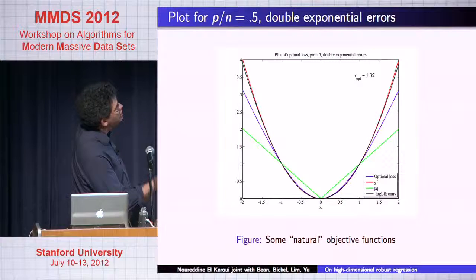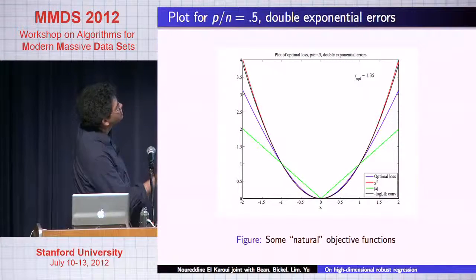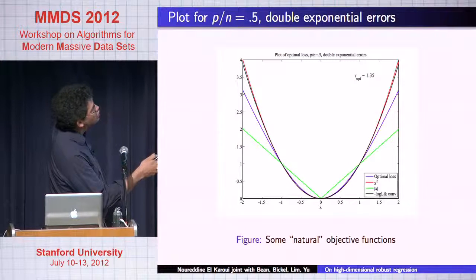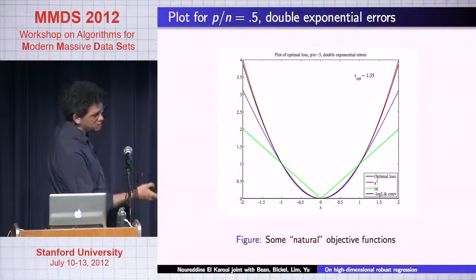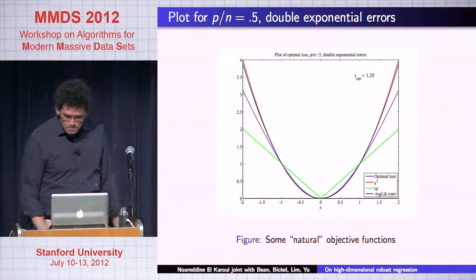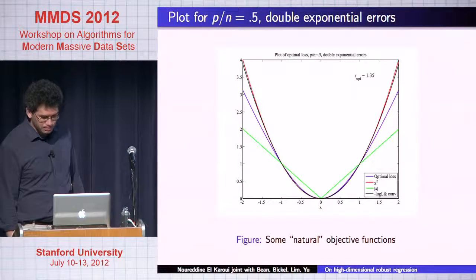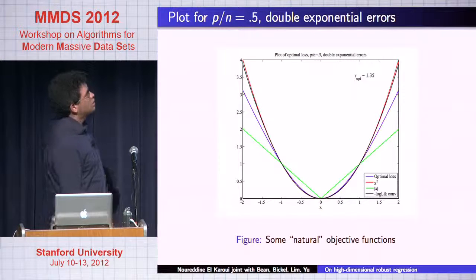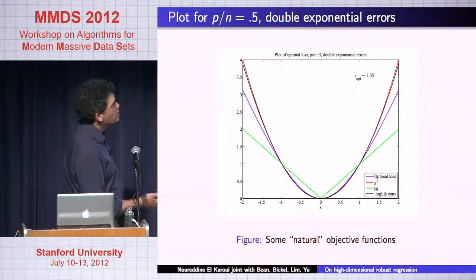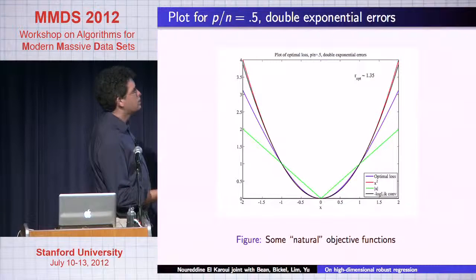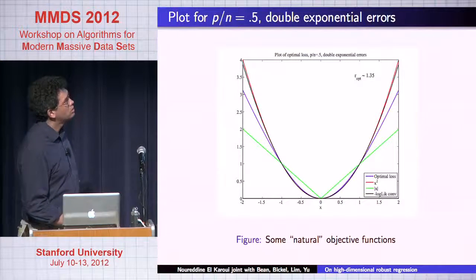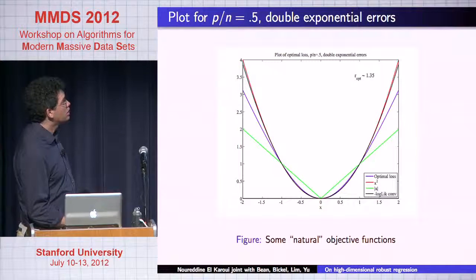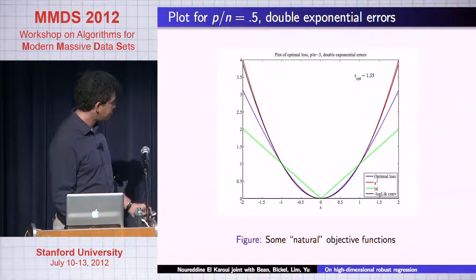In blue here, you have the thing we proposed, okay? And in red is least squares, and black is minus the log density of this z hat epsilon, okay? And actually, when you think about it, this optimal loss, at least for double exponential errors, is a bit like the Huber loss. It's not the same, but it's a bit like the Huber loss function, okay?